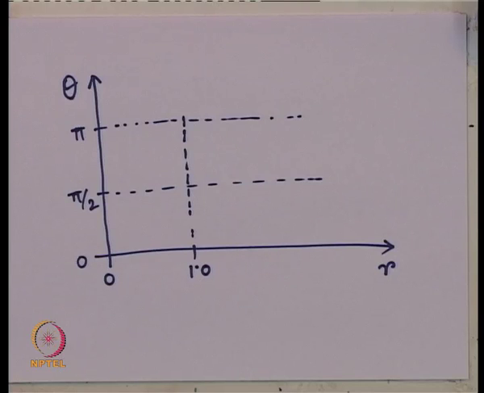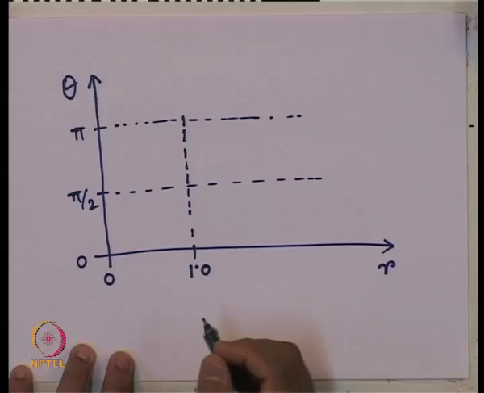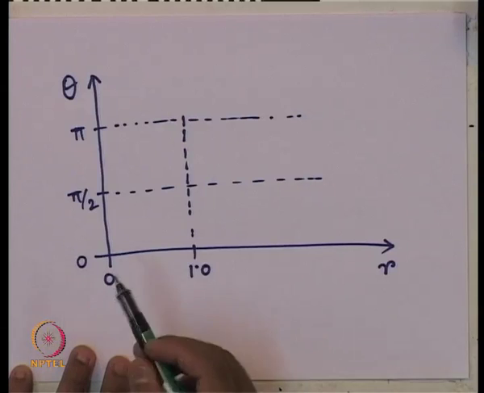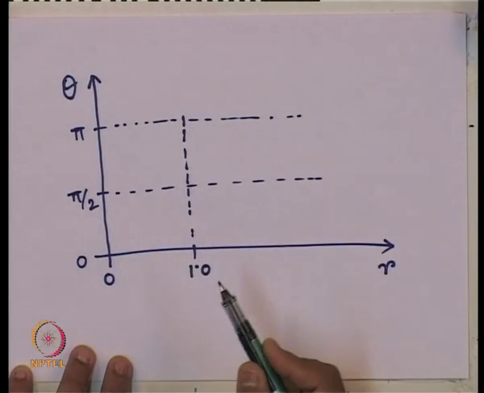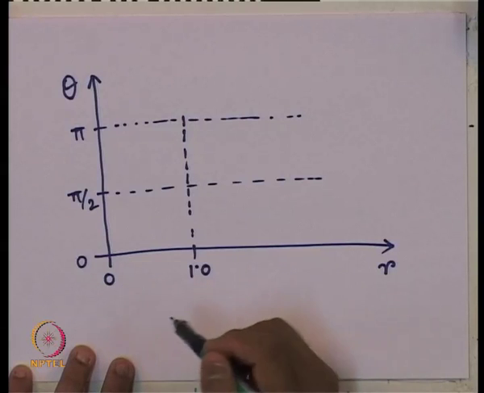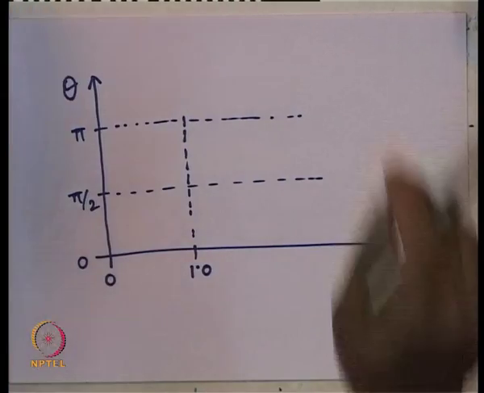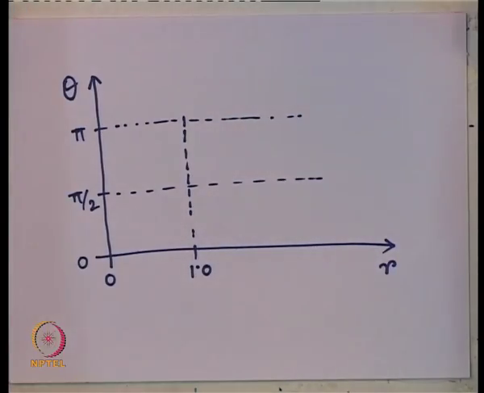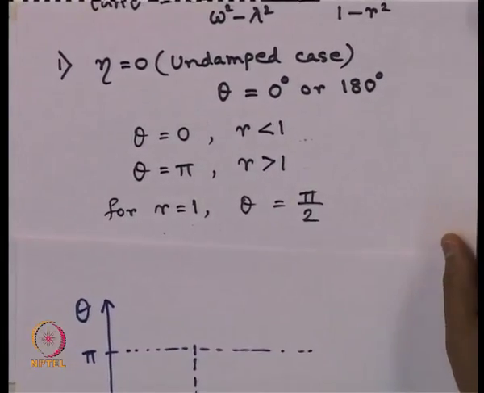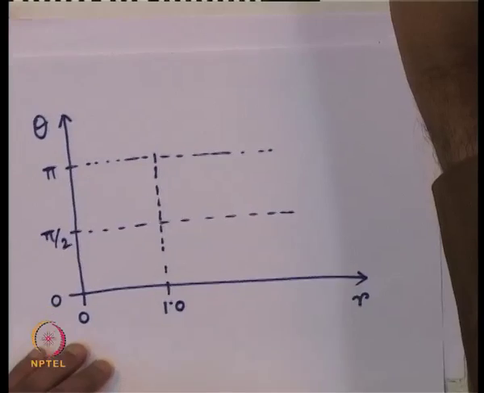What we got when r equals 0, theta is 0, and when r tends to infinity, theta goes to pi, and for the undamped case, that is when eta equals 0, we got the value theta equals pi by 2 for r equals 1.